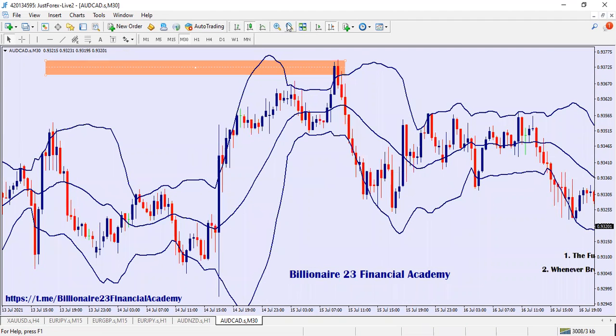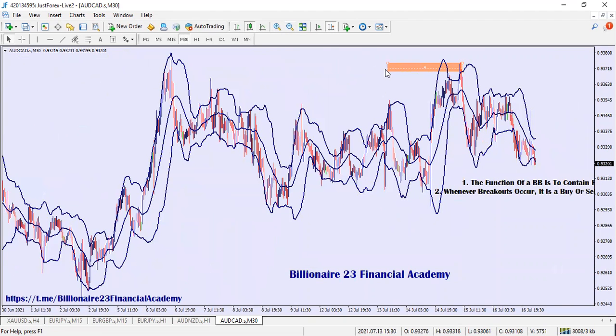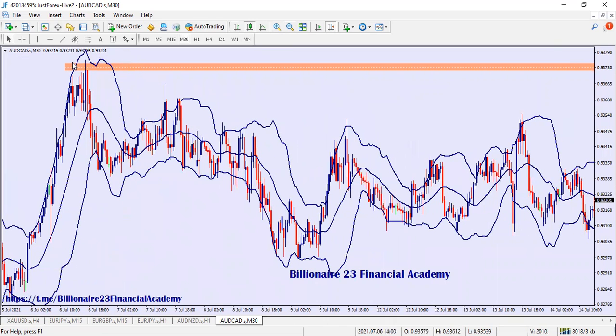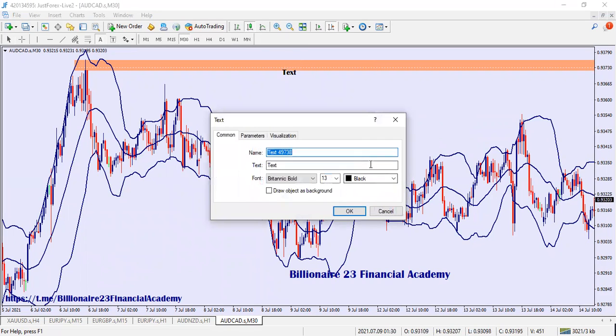So let's just extend this. Great. We immediately see that there's some sort of resistance zone that was there in the past. Resistance zone, not price line, there's a difference.